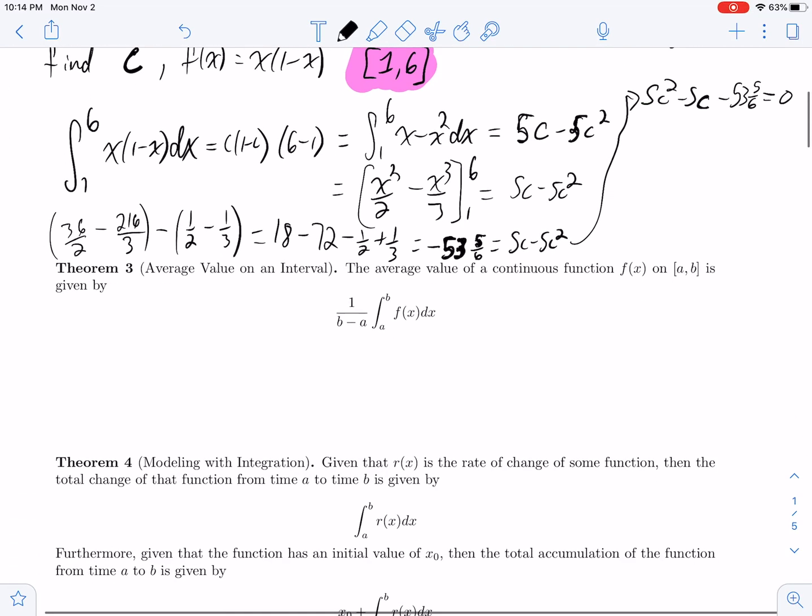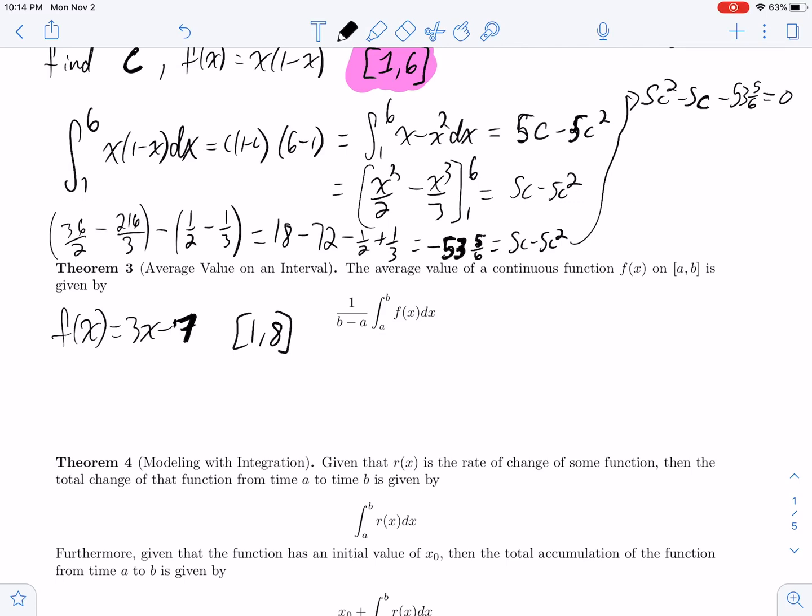All right, next we have the average value on an interval. The average value of a continuous function on an interval is given just by this expression. So if we want to find the average value of, I don't know, let's do f of x equals 3x minus 7, all I do is, when we go from 1 to 8, compute this value.